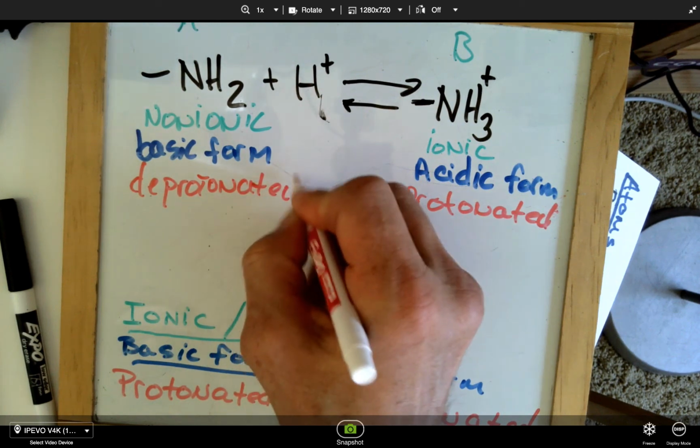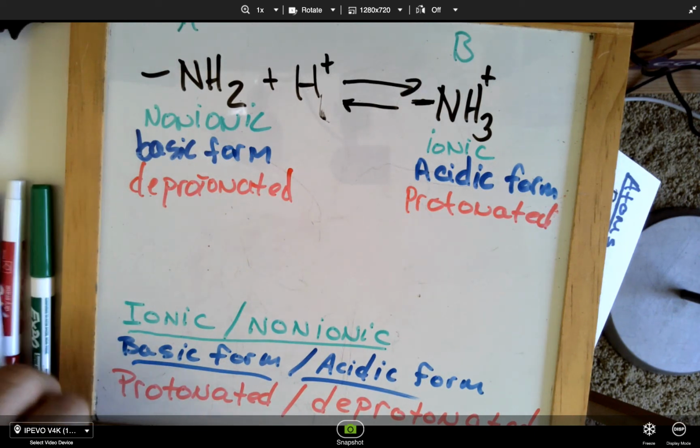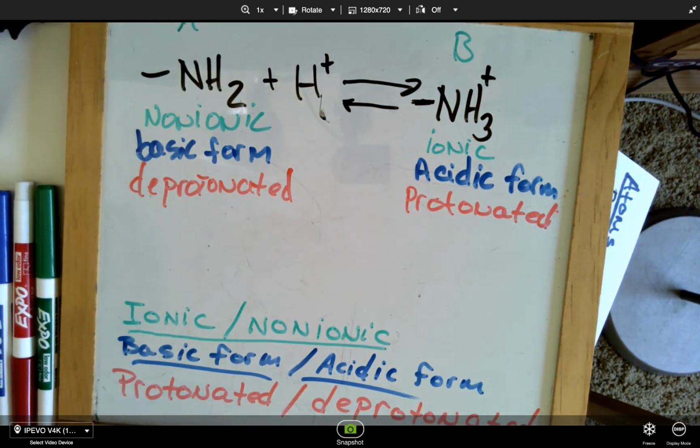Good. Make sure that you can do this, that you can write out this equilibrium of an amino group, you can write out this equilibrium of a carboxyl group, and that you can assign these 3 pairs of terms to each side of the equilibrium.